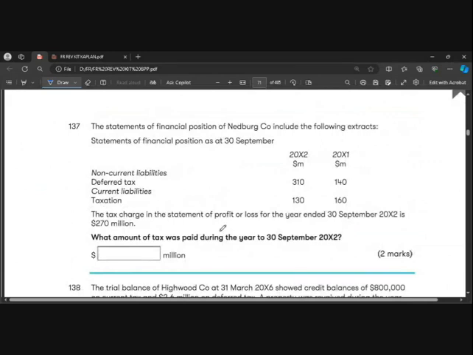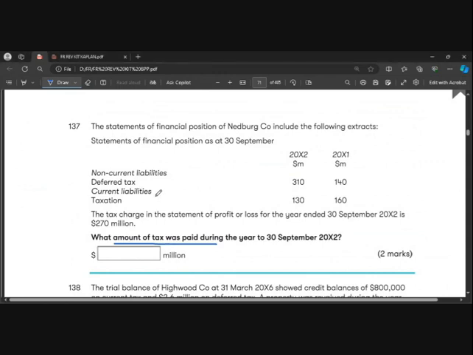Here they're asking us what amount of tax was paid. It's again a variety question. Here they're not asking us what we should charge. They're asking us what amount of tax was paid during the year. So break down the question.